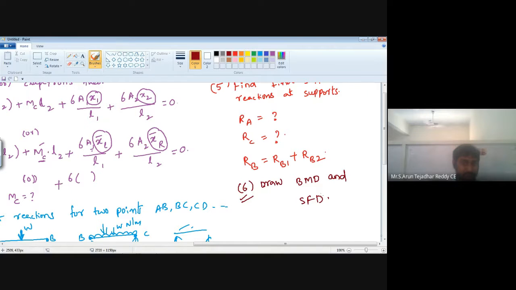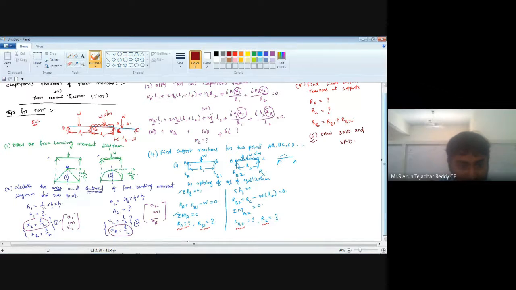So these six are involved in the three moment theorem, that is TMT or else Clapeyron's theorem. So all of you write down here. Up to now, write down.